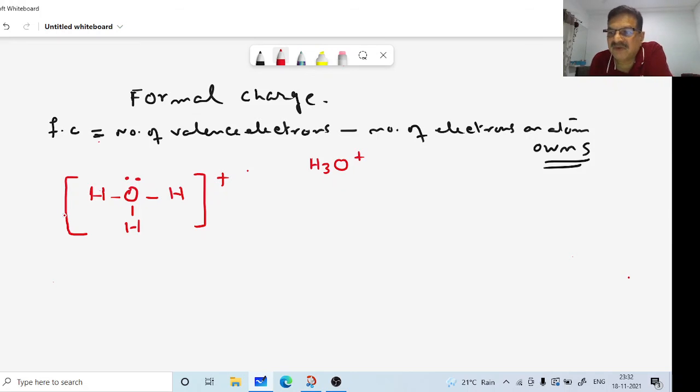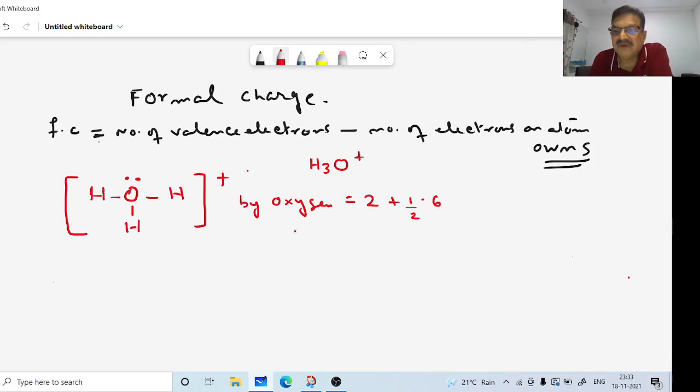So number of electrons owned by oxygen, how many are there? Oxygen has got 3 bonds here, therefore 6 by 2, that is 3. Plus, the number of electrons owned by oxygen only: it has got 2 non-bonding electrons, plus 3 bonds. 3 bonds means 6 electrons, therefore half of 6.